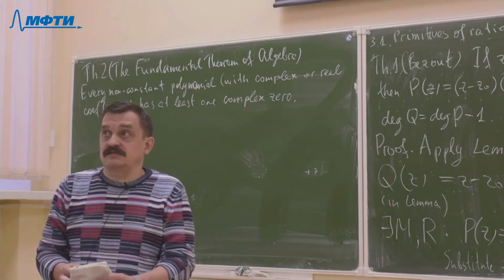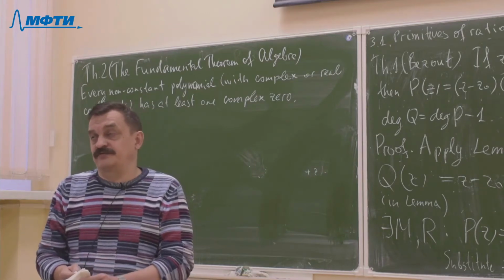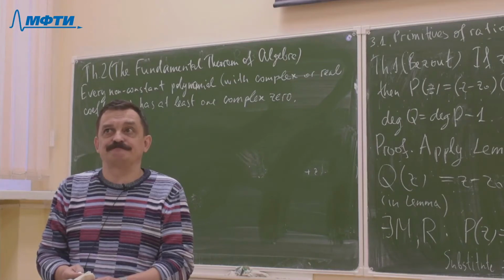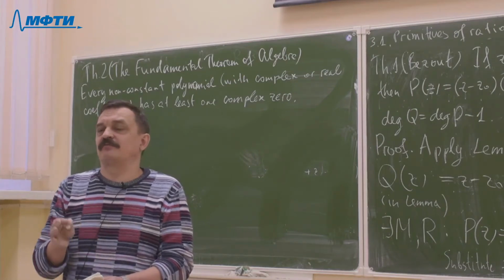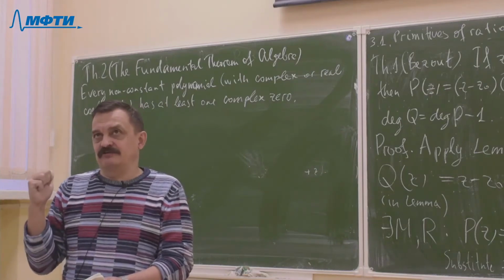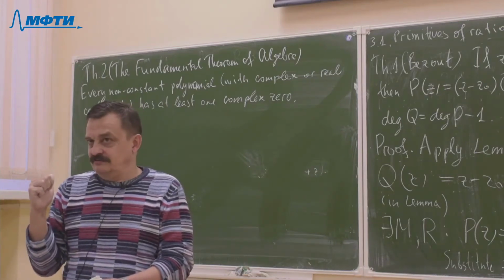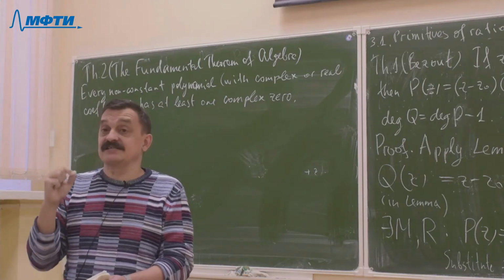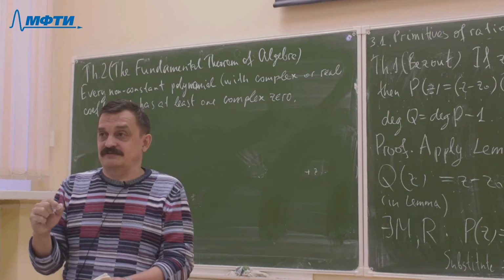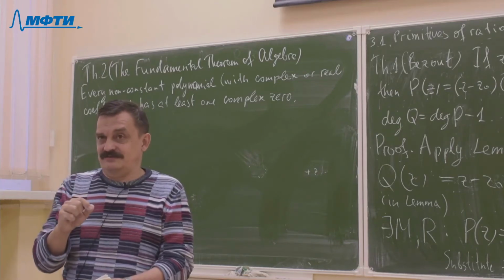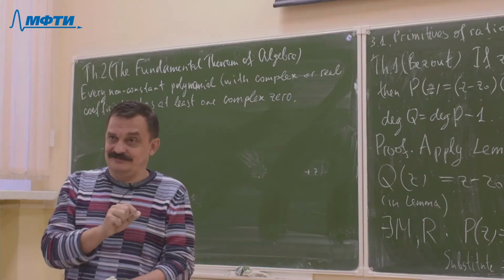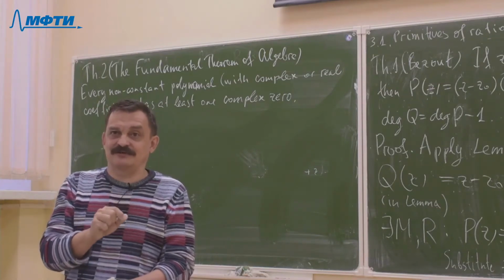And there is a not so complicated proof, but it uses properties of limits of complex numbers, let's say. So I'll give you this proof now, but rigorously speaking, I'll use properties of limits which were proved before for real numbers, and I'll consider complex numbers instead of real numbers.